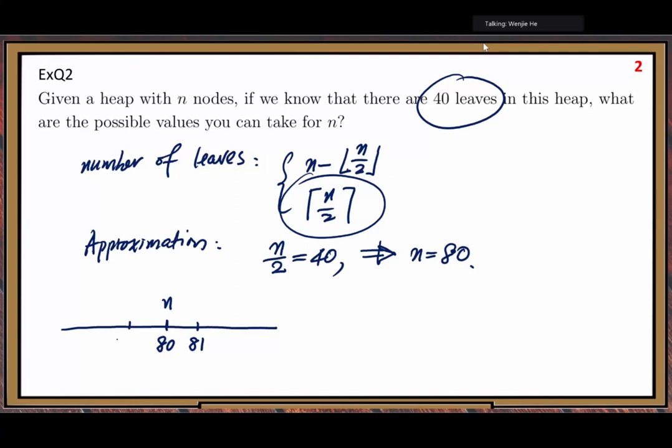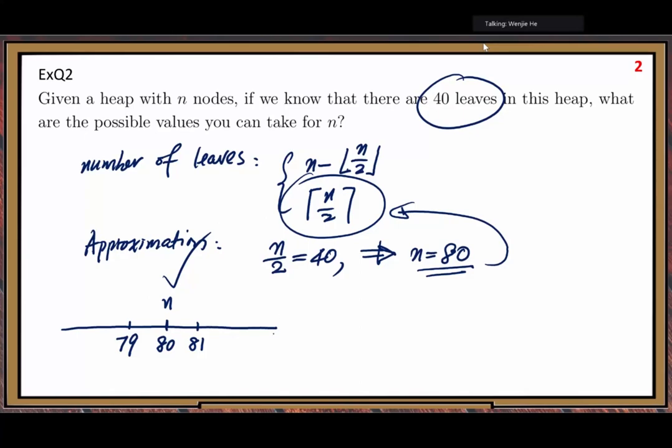When n equals 80, you plug into the formula: ceiling function of 40 is 40. So 80 works, it satisfies the condition. So 80 is one of the answers.